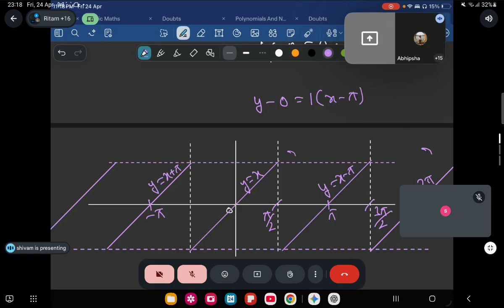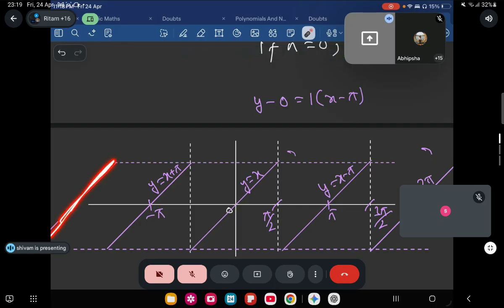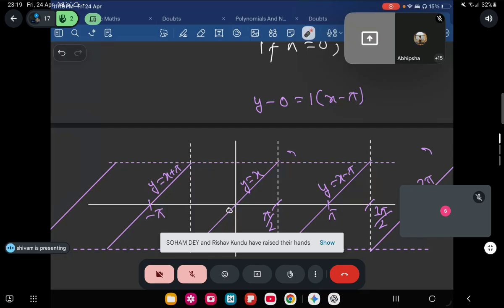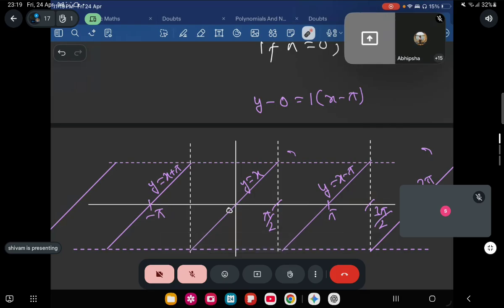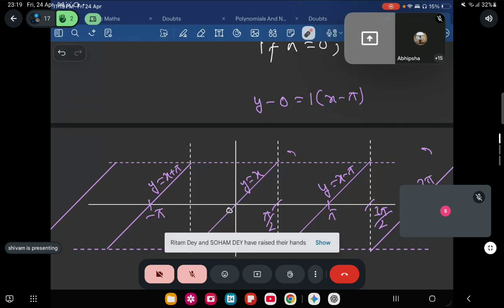Next. So, can someone tell me the last one? What is the equation of this branch? Raise your hand. If you are unable to understand, you ask me, I'll explain. First of all, tell me what is the equation of the last branch? Okay, Soham, tell me.